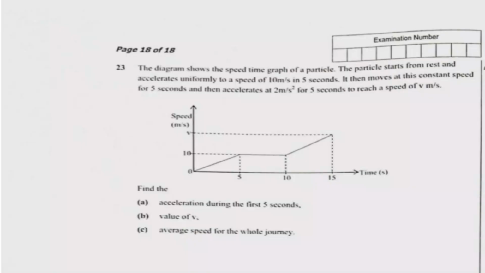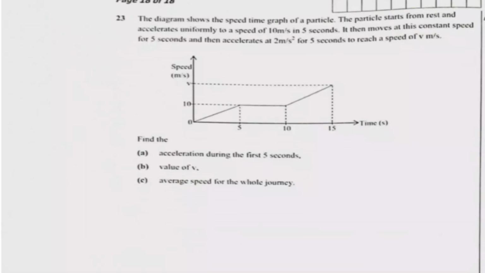Find (a) the acceleration during the first 5 seconds. Okay, to find the acceleration, we use this formula: acceleration is equal to final velocity minus initial velocity over time.